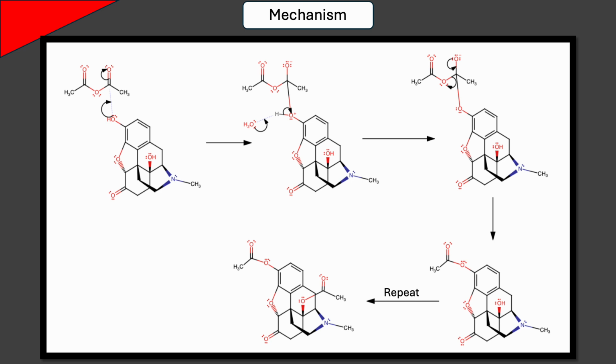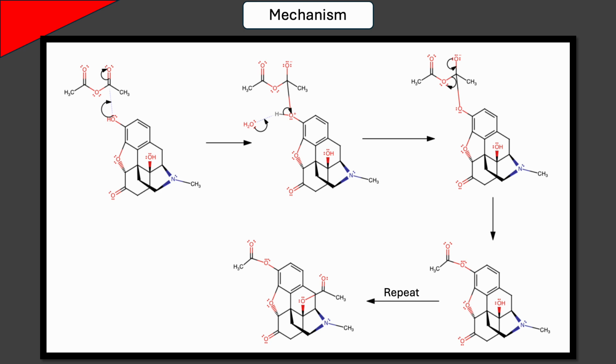Once there, the O minus can collapse, and although there is a chance that it will kick off our original group and recreate the original reactant, the reaction will proceed in which the O minus will collapse and kick off the other group, forming a carboxylate.